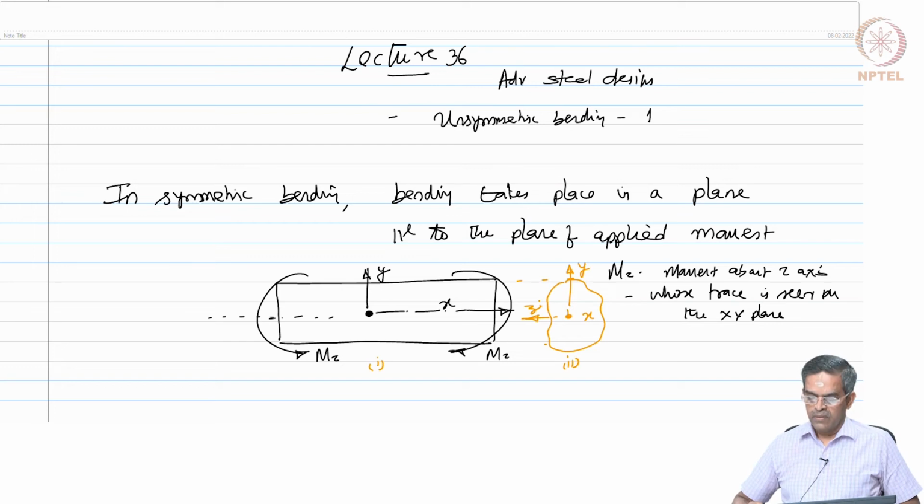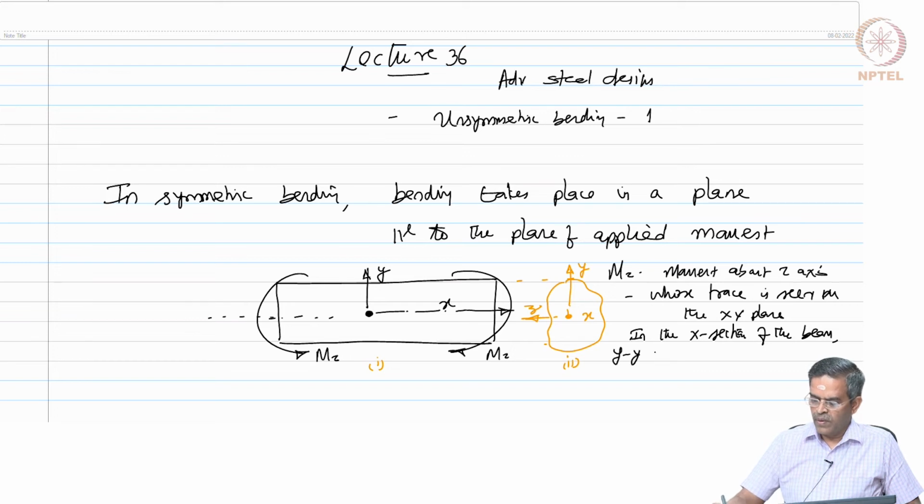So, I think I will remove this and write it better here. Now I can say, in the cross section of the beam, y axis is the trace of applied moment.